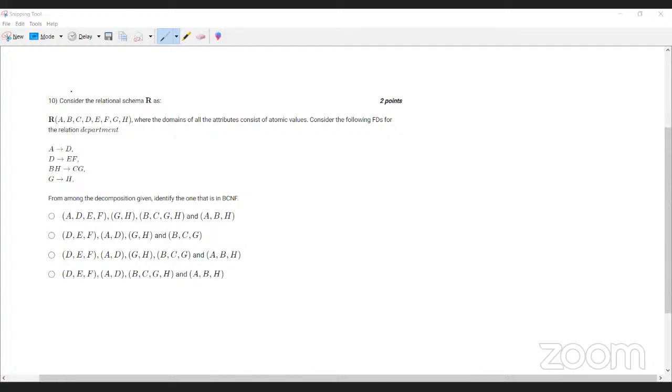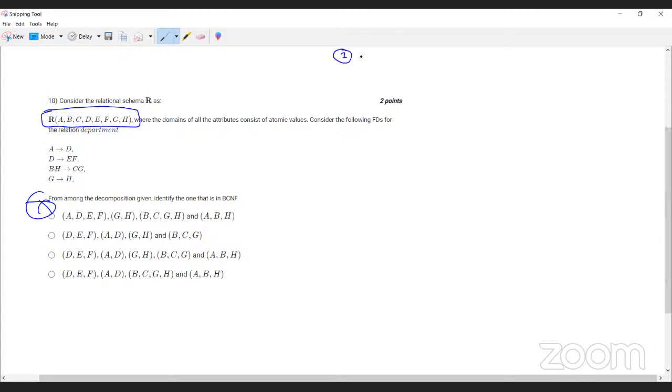Is my screen visible here? Question number 10, you can see, right? Yes, sir. So we have to identify the given decomposition, but we'll not go through the options. We'll simply decompose this relation R into BCNF. Okay, so what is the first step here?